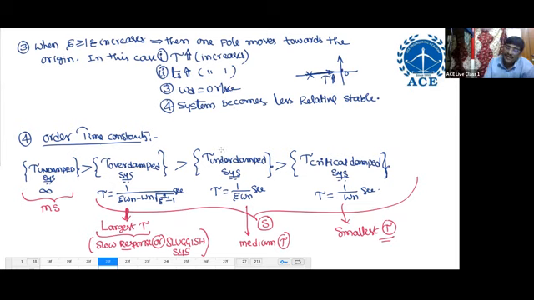Mostly we'll use only underdamped systems. The best system is the underdamped system. What is the best range of zeta?